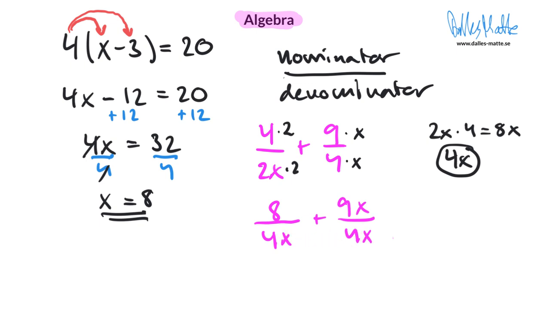Then we can write this like this: 8 plus 9x divided by 4x. And now we have made it as simple as it can be, because we can't solve this since we don't have an equation. We need to have an equal sign if we had an equation. Okay, hope this can help you.